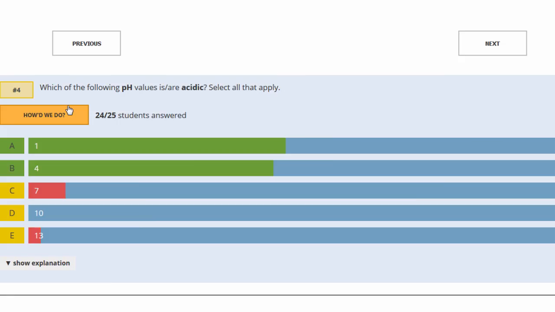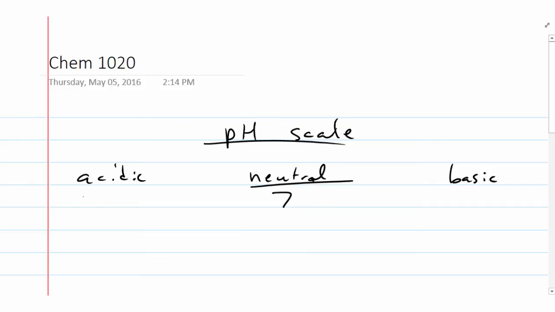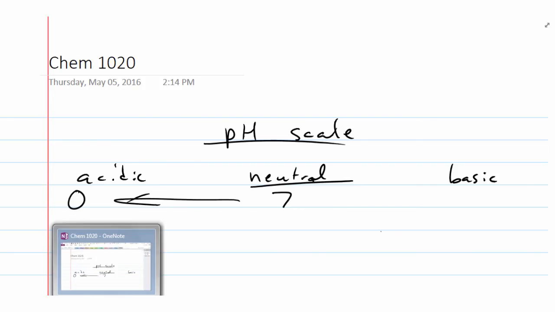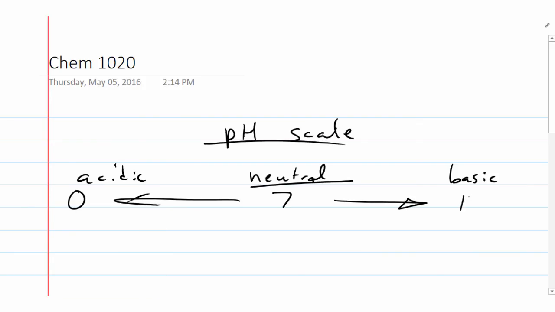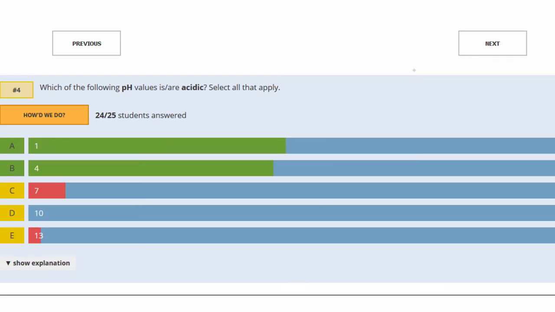So this one here we wanted to see. Very good. 1 and 4 are the acidic pHs. So anything less than the pH of 7 is going to be acidic. And so anything in this range, the 0 to 7, is in the acid range, which means that anything between 7 and 14 is going to be in the basic range.